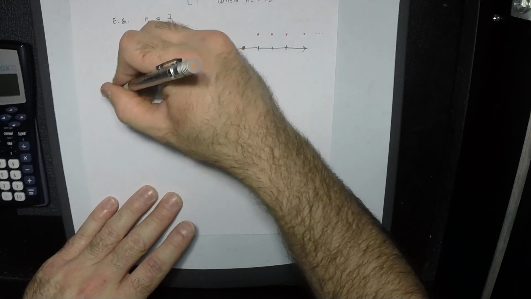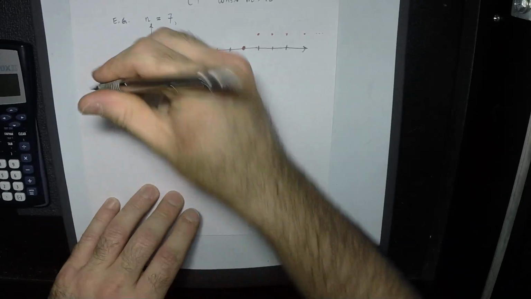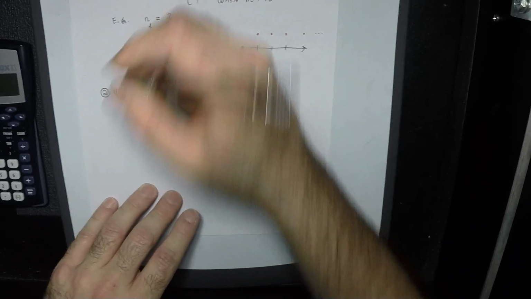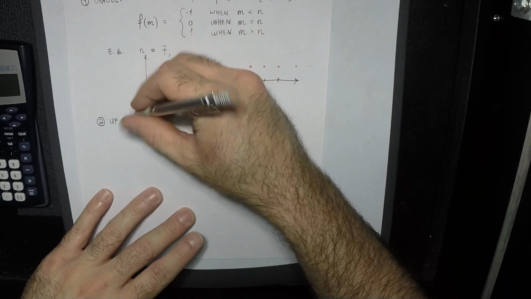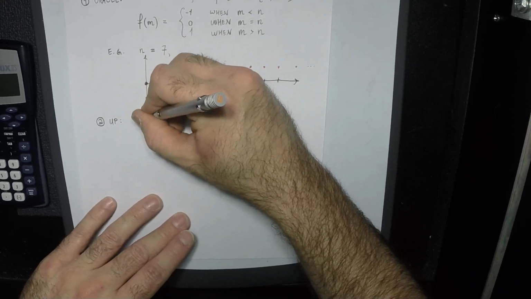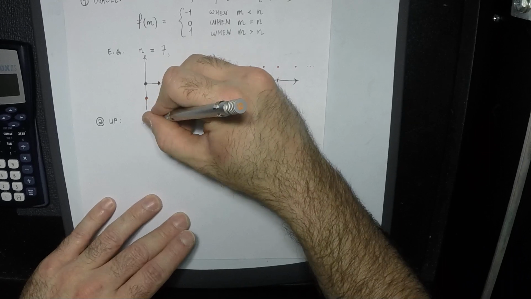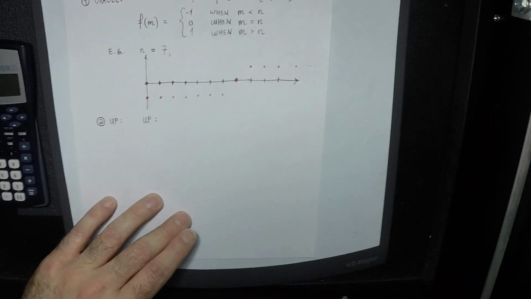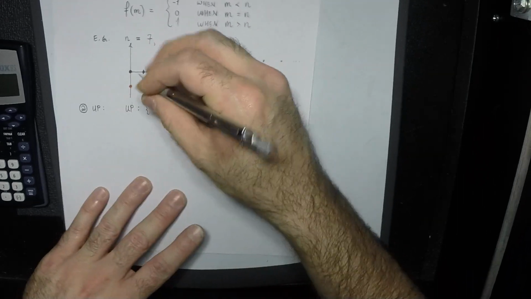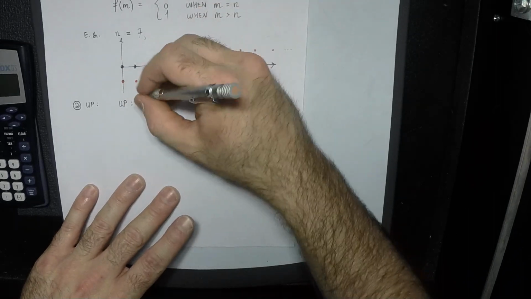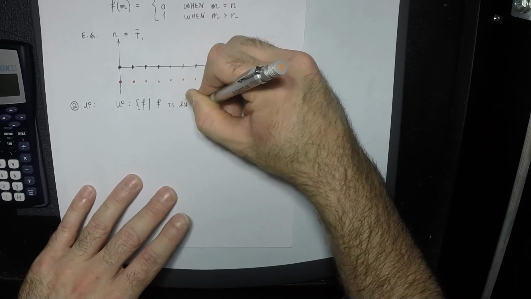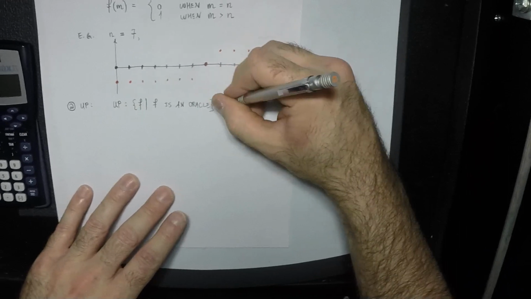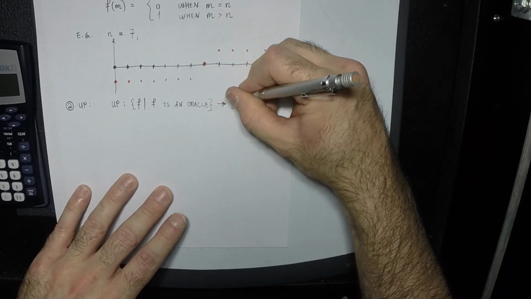So the up function, we'll call it up. Up is a function from the set of all f such that f is an oracle, and it produces two naturals.